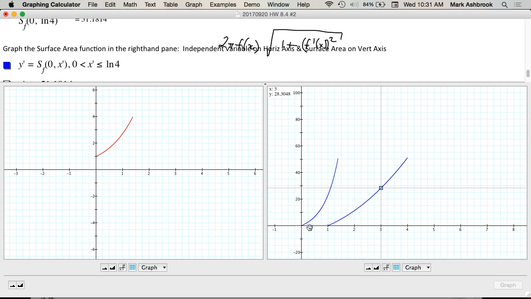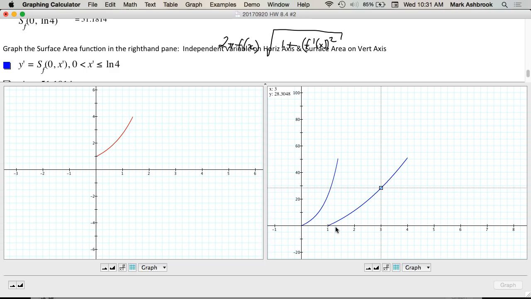So, do you know what you're looking at here? Looking at this graph, what is the independent variable? This is the new graph. These are x's. X goes from 0 to ln of 4. It's more than 1, ln of 4. And this is tracking the surface area as x increases this way.